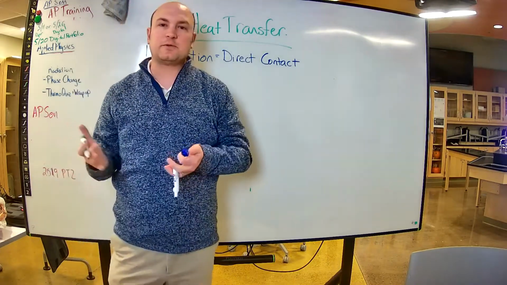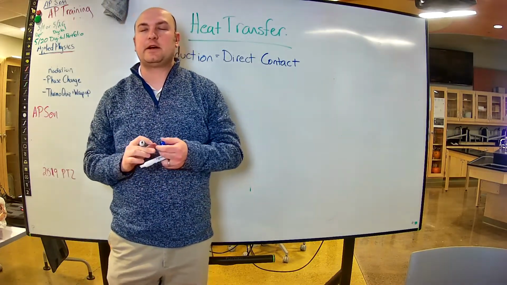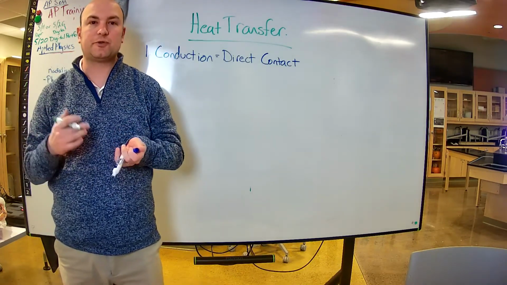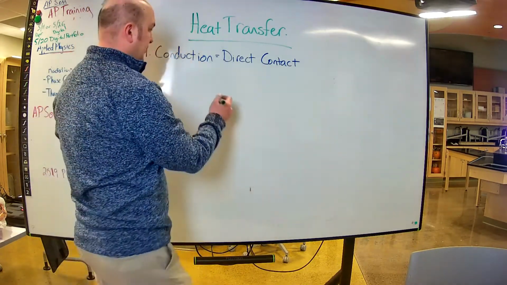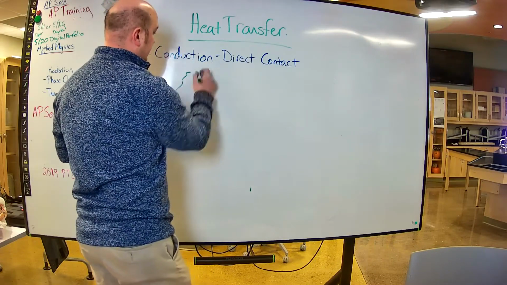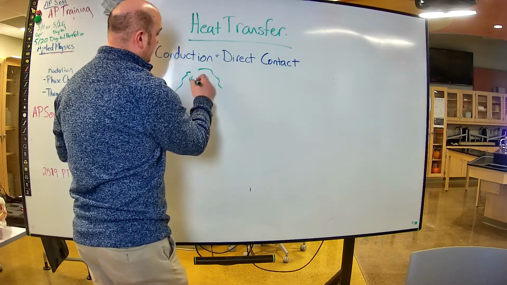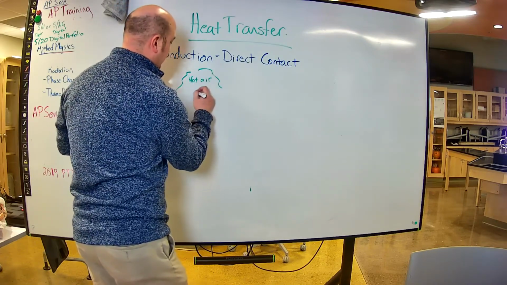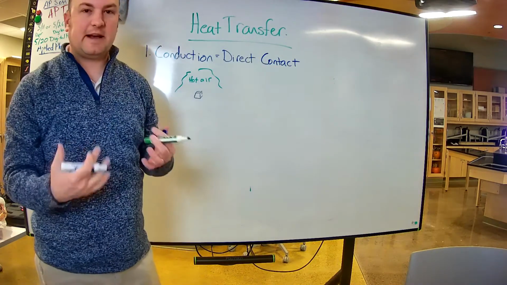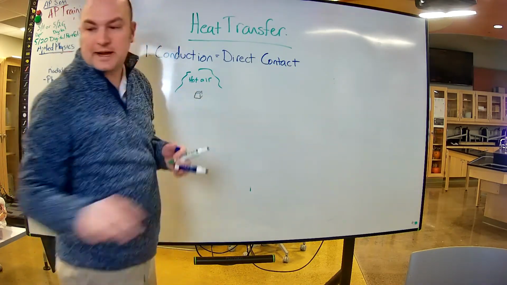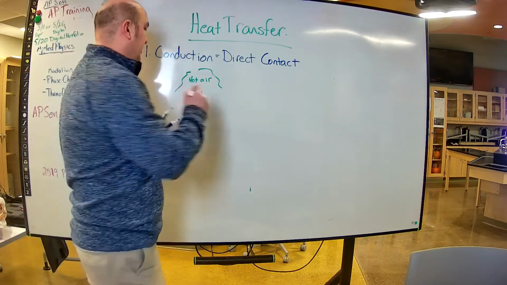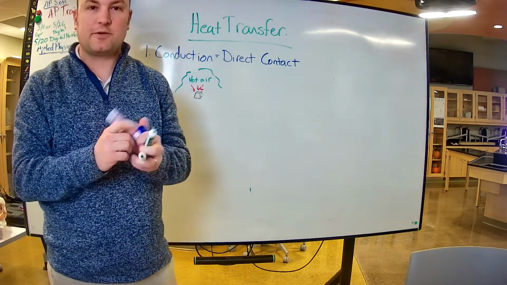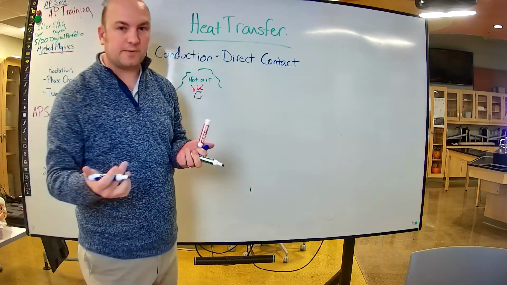One thing, looking through our last couple assignments, that I wanted to point out is that this isn't just true for solids. If you have hot air and you put an ice cube inside the hot air, because the hot air is touching the cold ice cube, it will actually heat up the ice cube and potentially make it melt.